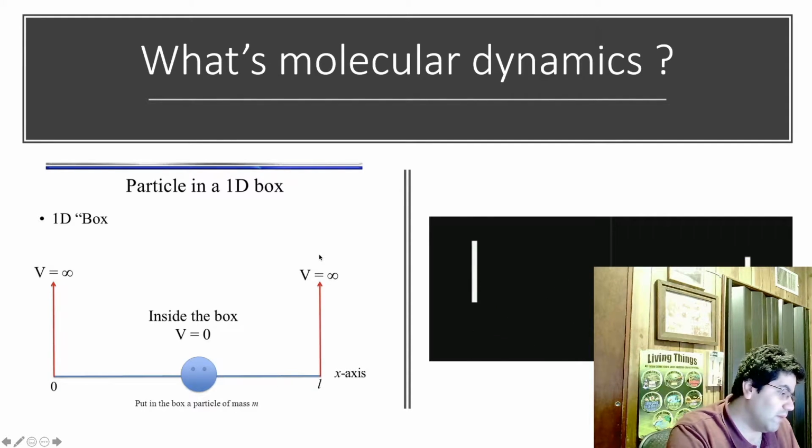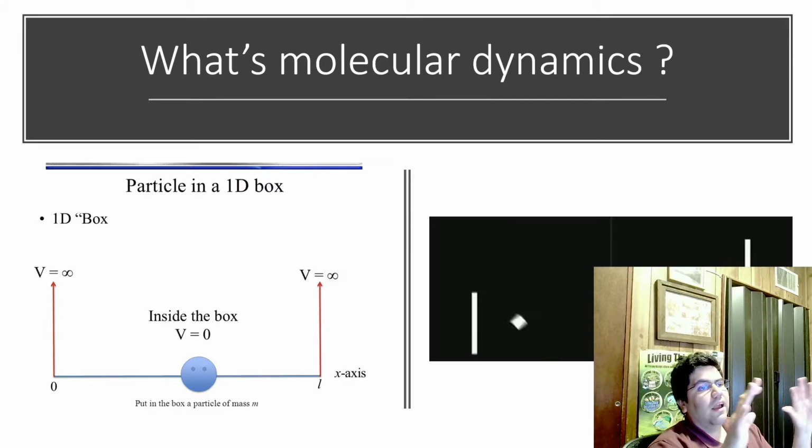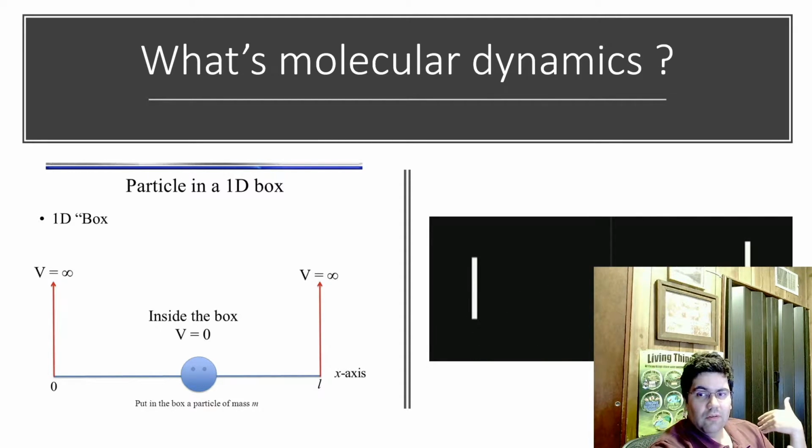Let me give you an example. If you remember from statistical mechanics, the pressure can be defined by the number of particles that collide with the surface. When a particle goes to the surface, it's going to be an elastic collision, and there is a transfer of energy and a transfer of momentum.